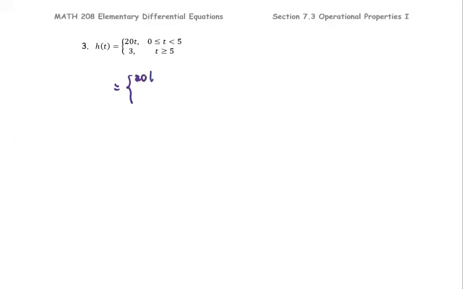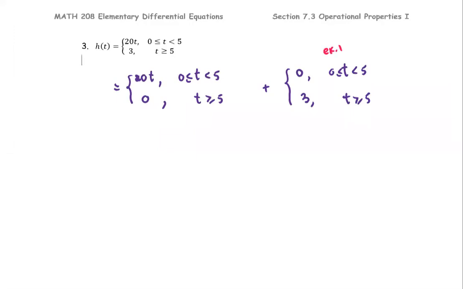The first one is defined to be 20t for t greater than or equal to 0 but less than 5, and defined to be 0 for t greater than or equal to 5, added to another piecewise defined function which is defined to be 0 for t greater than or equal to 0 and less than 5, and defined to be 3 for t greater than or equal to 5. As you see, these are the second one from example 1 and the first one from example 2.